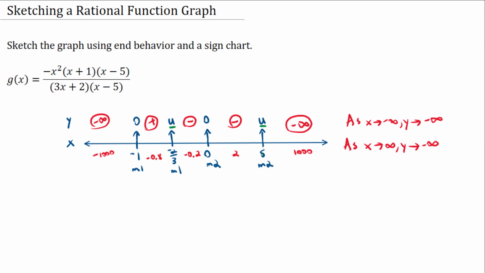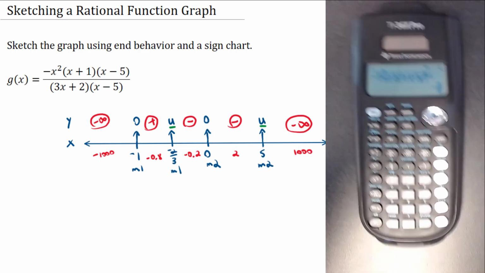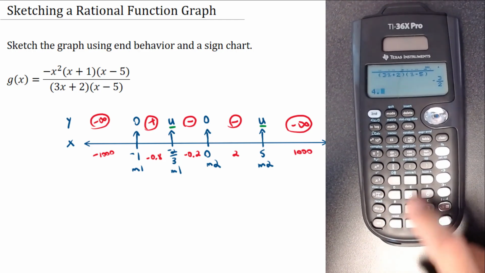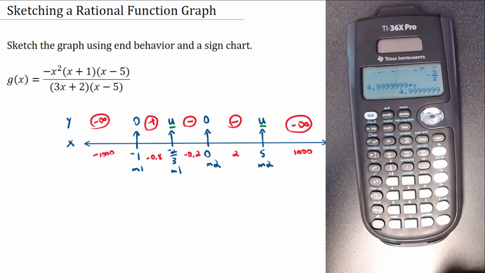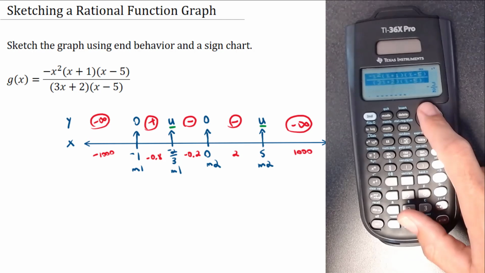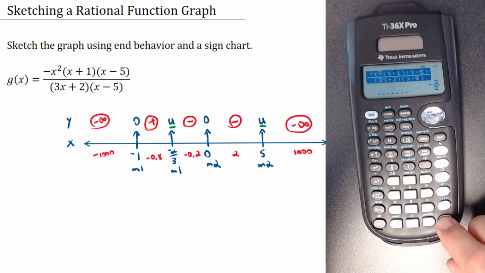So I'm going to plug in maybe like 4.99999 on the left side to my function, and I'll plug in something slightly bigger than 5, like 5.000001, and see what happens. So to the left side of 5, I might plug in 4 point, and I'll just put several 9s, store that for x, and then calculate the output of my function for that value that's really close to 5.